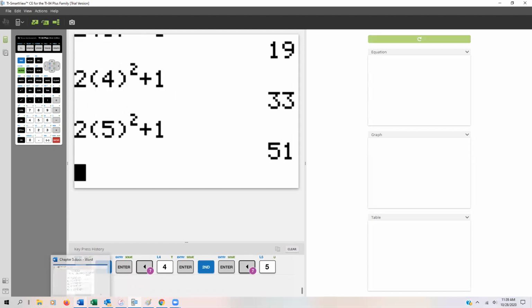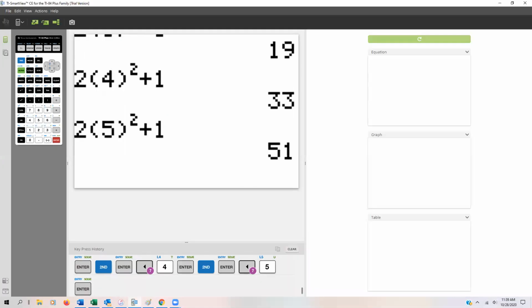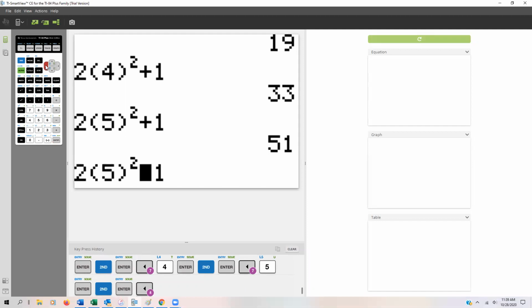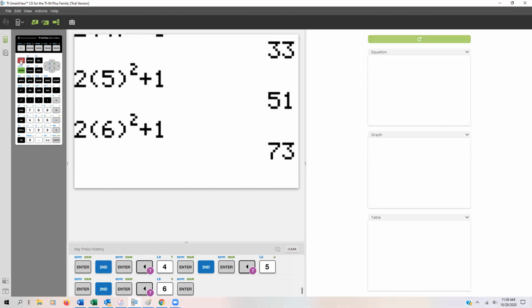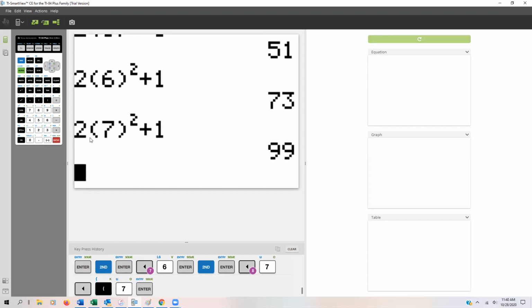I'm going to write these down: 19, 33, 51. Then just 2 more, so we need 7. We have 73, and the next one will be easier because we can reuse a lot of these values, 99. So we have 73 and 99.